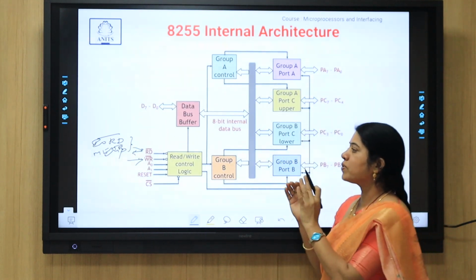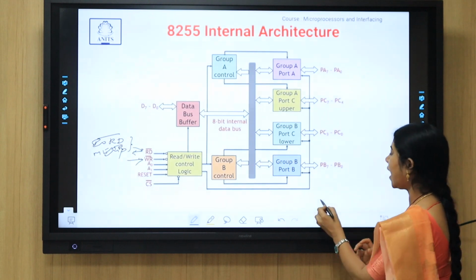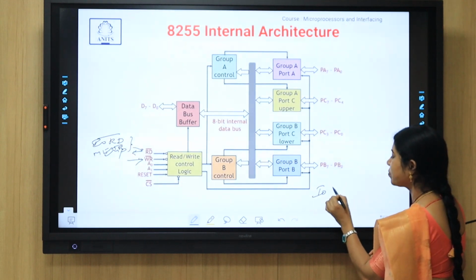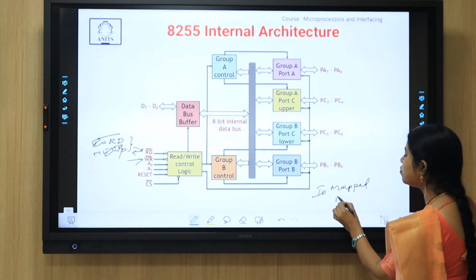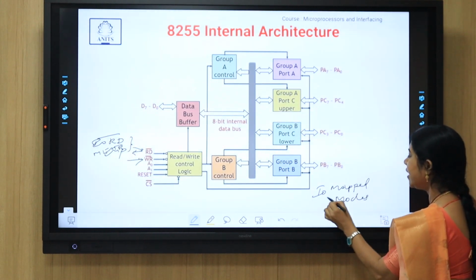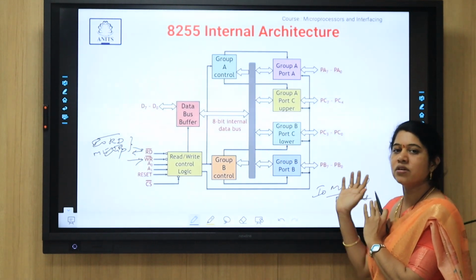Whenever the processor identifies the input device with IO mapped IO, the processor uses two modes whenever it has to interface the input output devices to it.